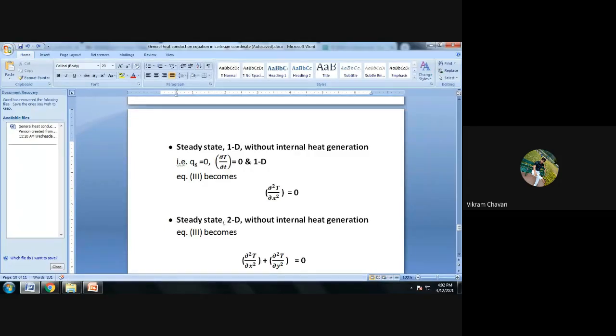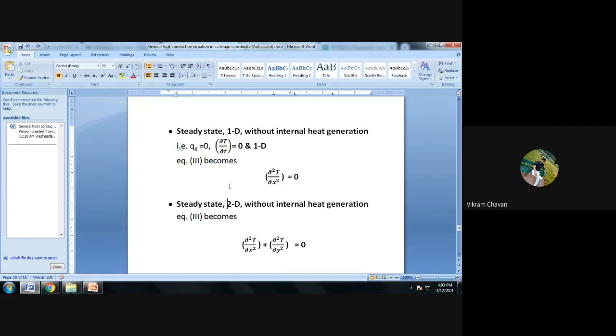Without internal heat generation means small qg is equal to 0, and two dimensional means we have to consider the two coordinate system, Cartesian coordinates. If you want to consider x and y, you can; if you want x and z, that also you can consider; if you want y and z, that also you can consider.